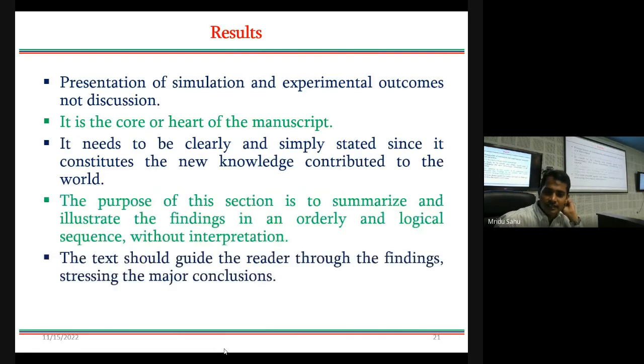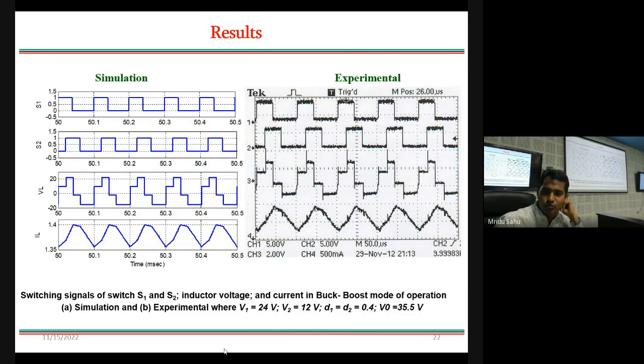So for the result and discussion, I'll show some images. Don't go for the content of the image, just see the image. In a result, whatever you are showing has to be very clean and clear, right? You can see here the first part is a simulation result and the second part is the experimental result.